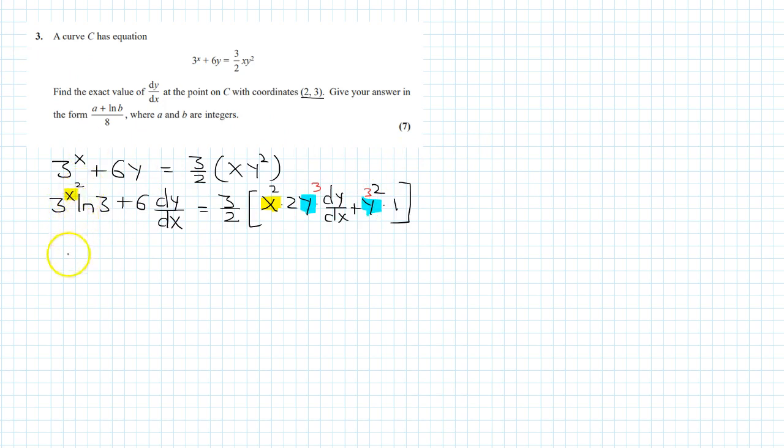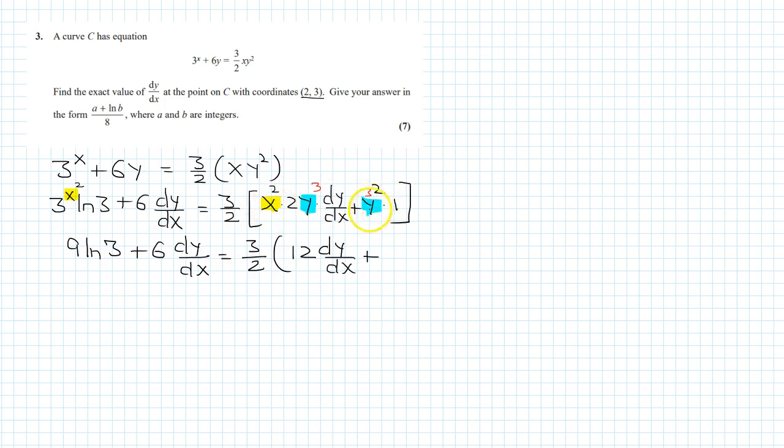So 3 power 2 is 9 ln 3 plus 6 dy over dx is equal to 3 over 2. This is 2 times 2 times 3. 3 times 2 is 6. 6 times 2 is 12. dy over dx plus, this is x only.